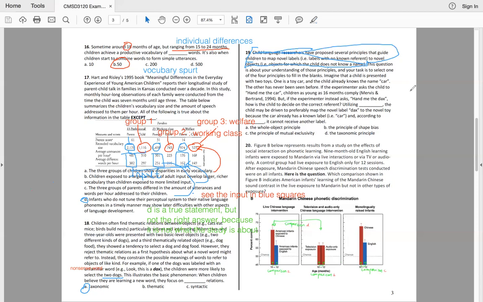Those are the principles that have been proposed to guide children's initial word learning. In particular, those principles will help children deal with potential challenges, such as the segmentation problem, the mapping problem, the extension problem.